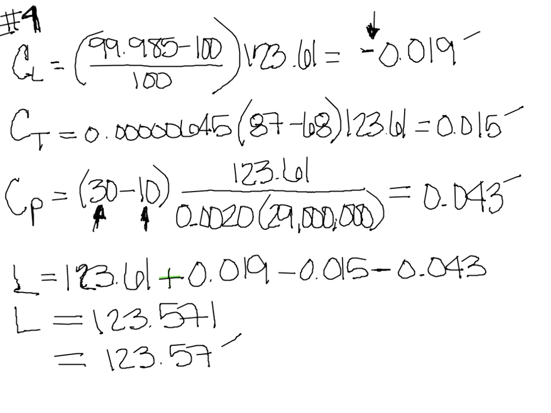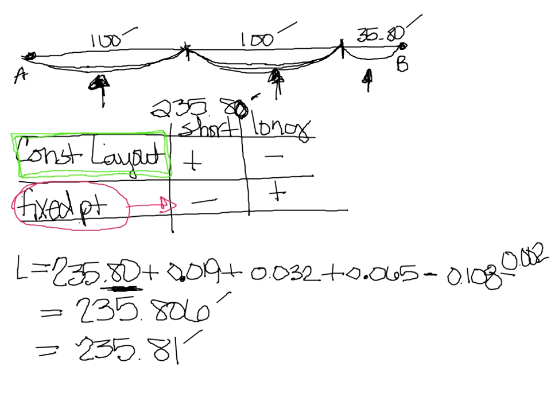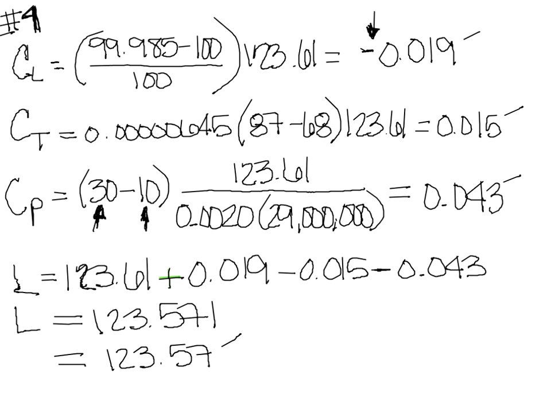So what this is telling you is that, yes, sag would be added, because sag is always a short tape. If we have a construction layout problem with a short tape, we add the correction. So much as we did here with length, this was a short tape we added. So if we had sag, we would have added the correction for sag.